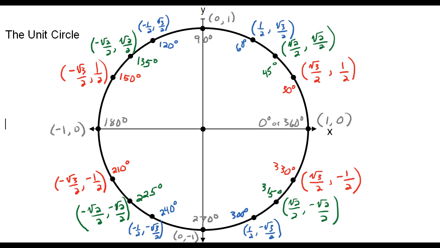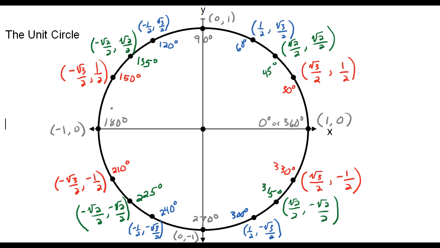Okay, now, to top this all off, let's just review again. If I'm on the unit circle and the radius is 1, then the coordinates of these points represent the cosine and the sine of the given angle. That also carries over to 90 degrees and 180 and 270 and 360. If I say what is the cosine of 90 degrees, you cannot make a right triangle and do SOHCAHTOA on the 90-degree angle.